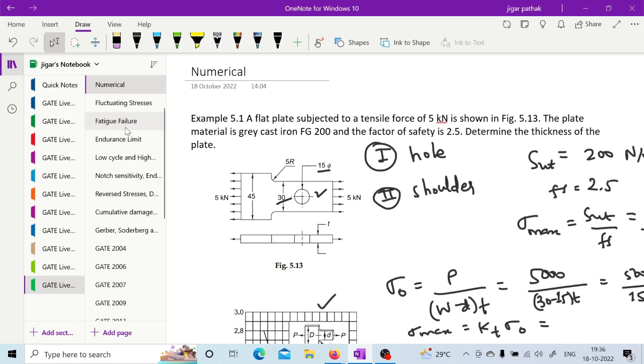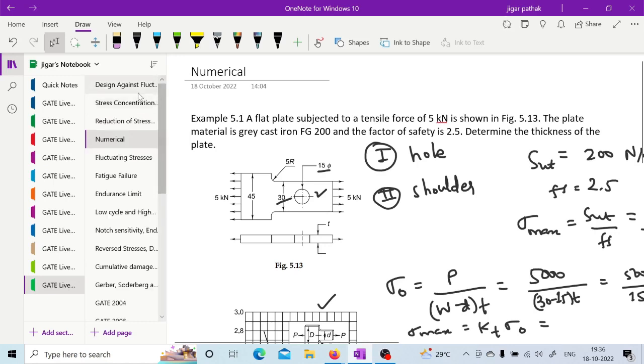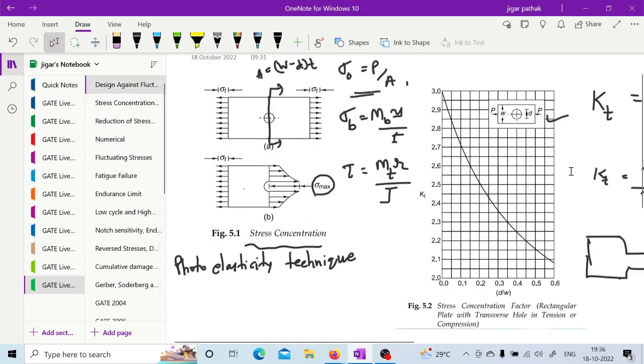What you should do is check in that graph. One second, let me show you that graph. Can you see this graph? In this graph you need to check d by W. What is d by W in our case?